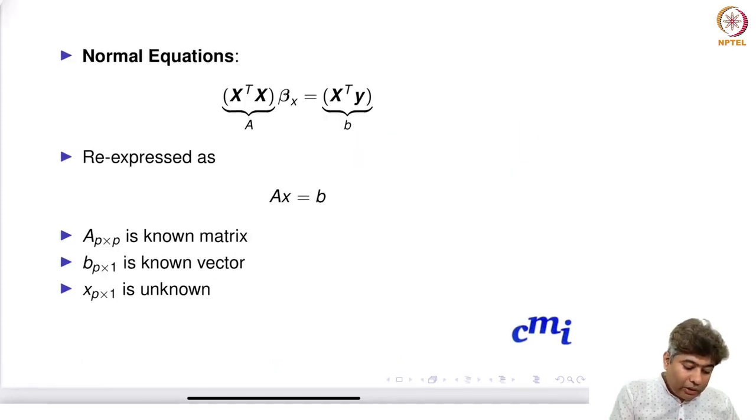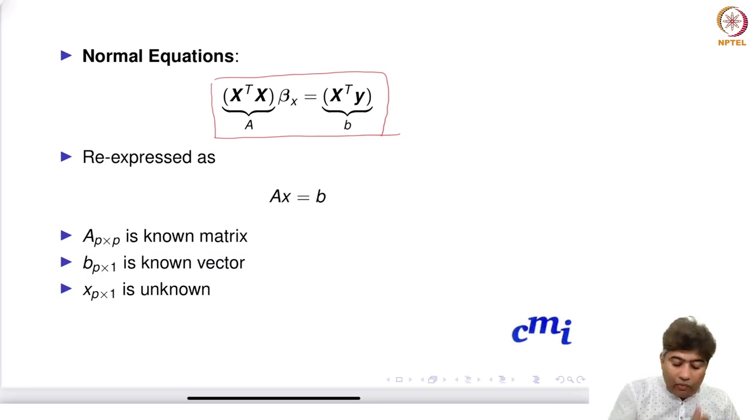So the normal equation turns out to be this. This is my normal equation. Now what I am doing is bringing in the typical popular notation of linear algebra.